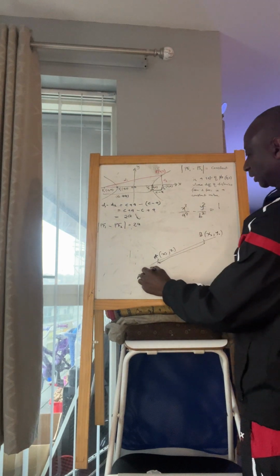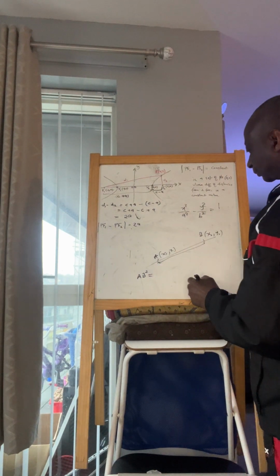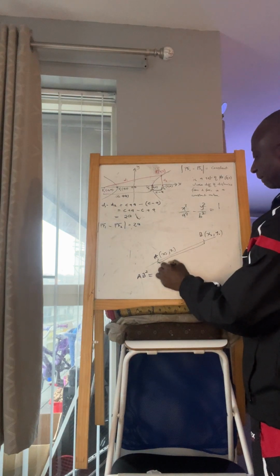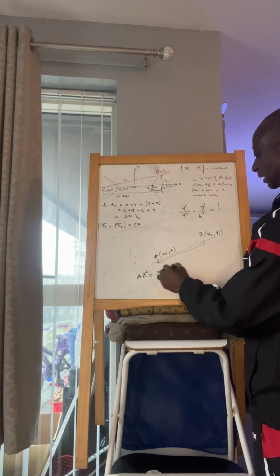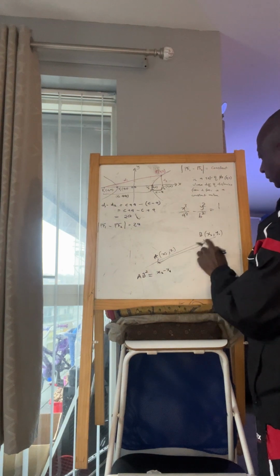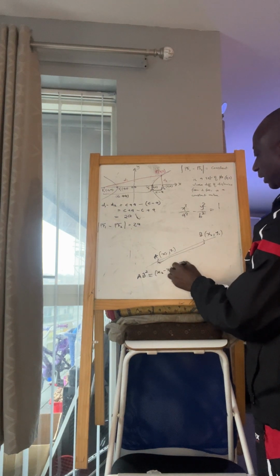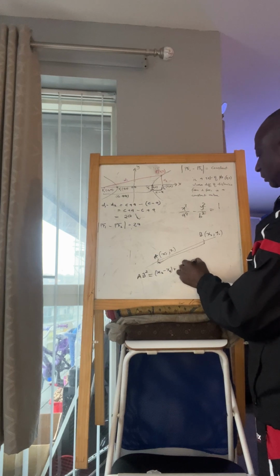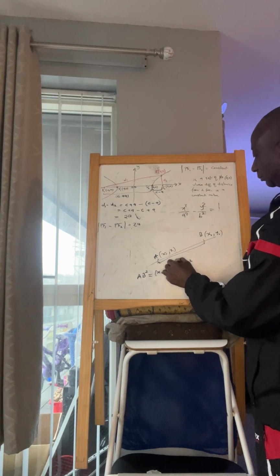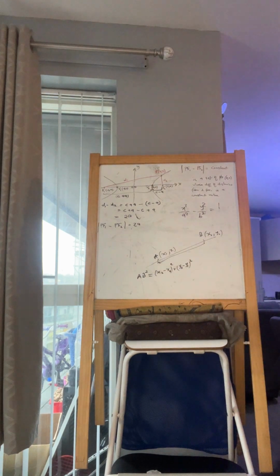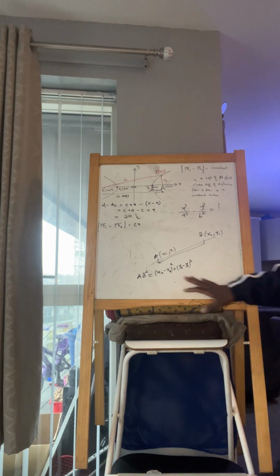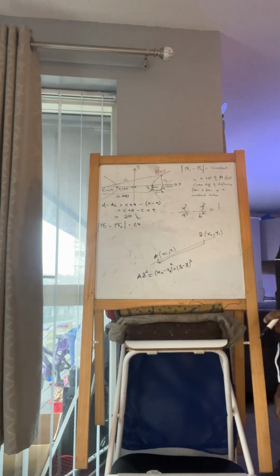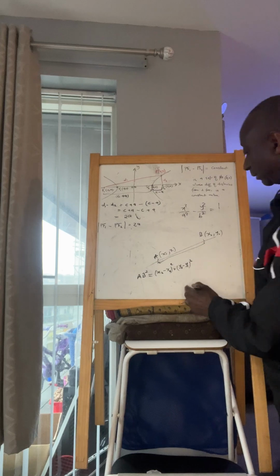So you know, AB squared equals x2 minus x1, this value here, squared, plus y2 minus y1 squared. This is how you find the distance or the length of a line.